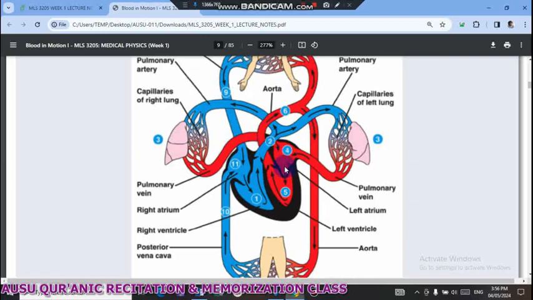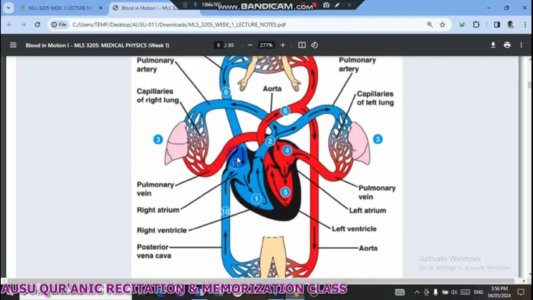And this one too, after being treated with oxygen in the lungs, enters into the heart through the left atrium. Then it goes down to the left ventricle.